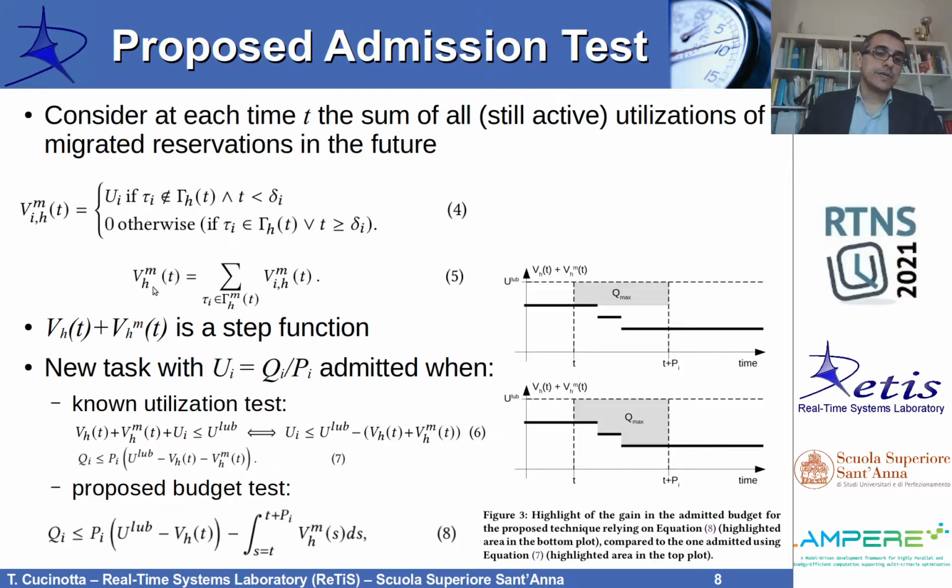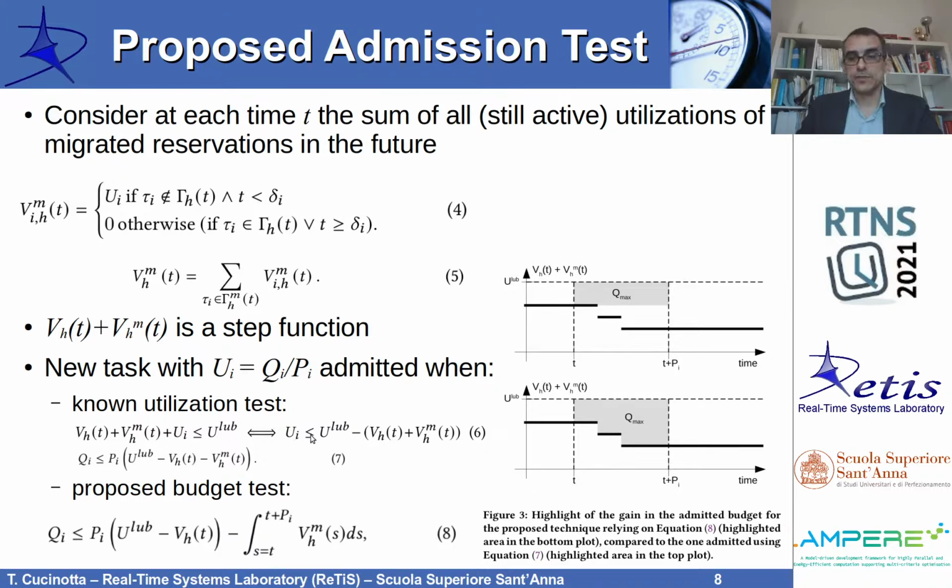Okay, so in order to admit a new task with utilization U_i in the system, the known utilization test checks that the utilization of currently hosted tasks on the CPU, plus the utilization still active from migrated tasks that recently left the CPU, plus the new task utilization, doesn't violate the least upper bound limit of 1.